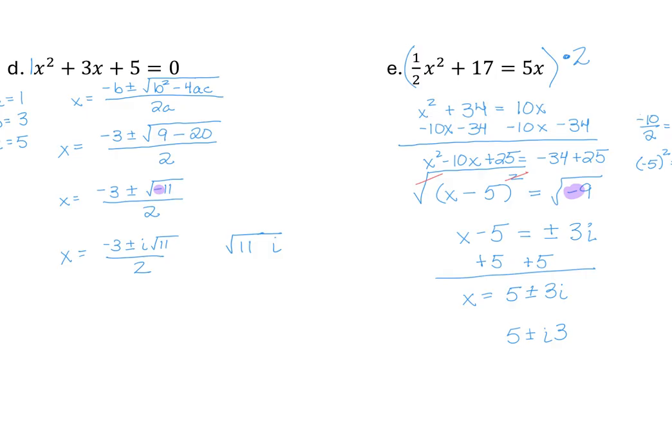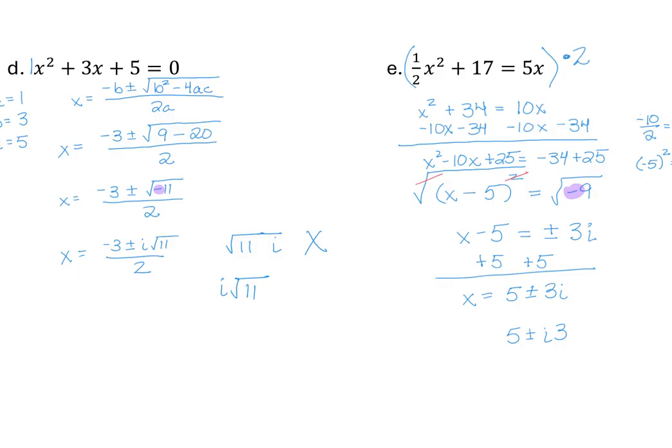This is the main reason that we do like to write the i in front, or anything in front of the square root, so that there is no question about what's inside the square root and what's outside.